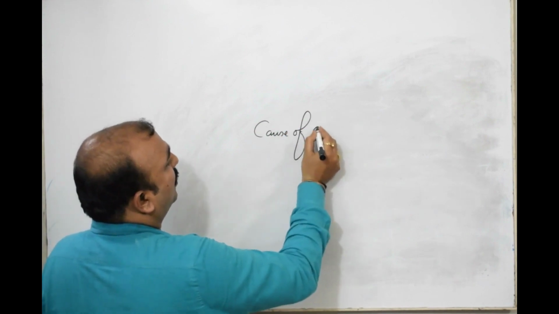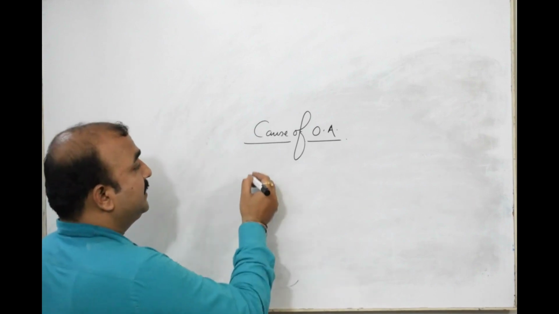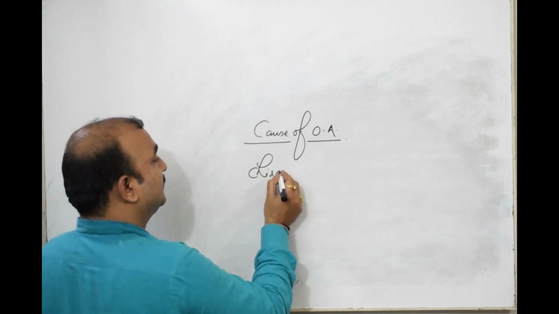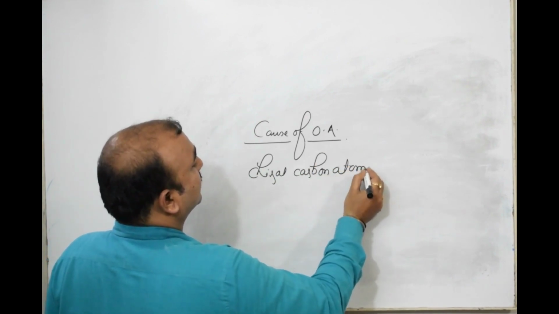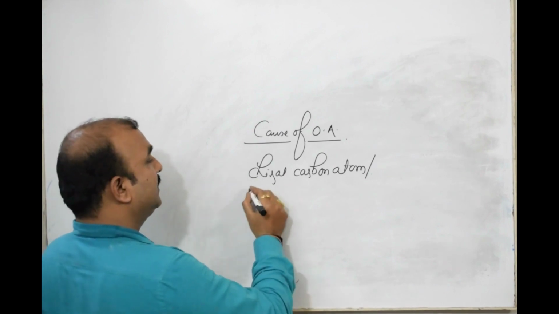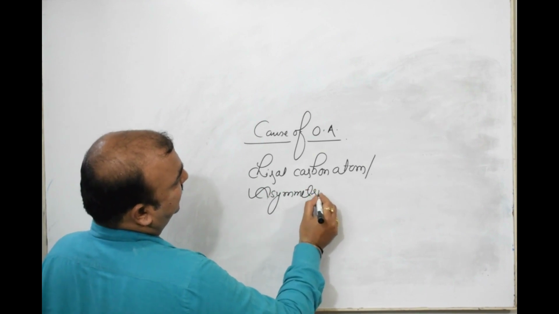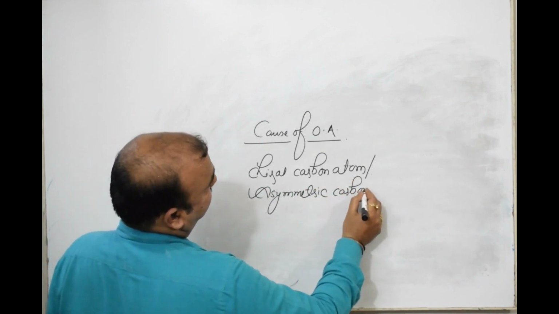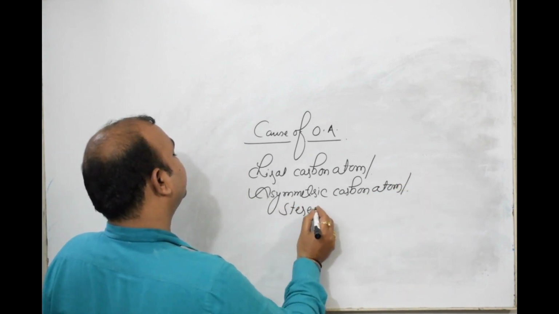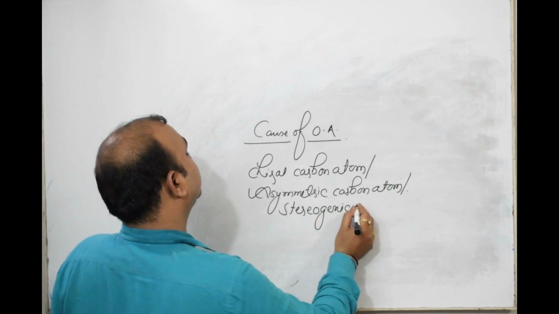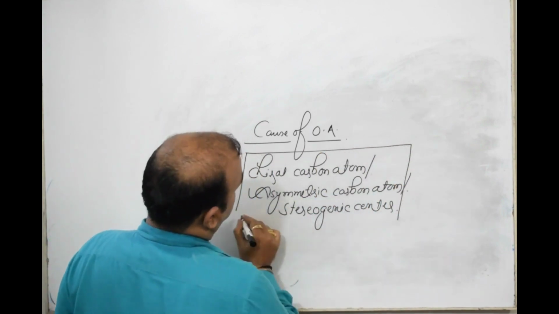The cause of optical activity is the chiral carbon atom. It is also known as an asymmetric carbon atom, or a stereogenic center. These three things are one and the same.